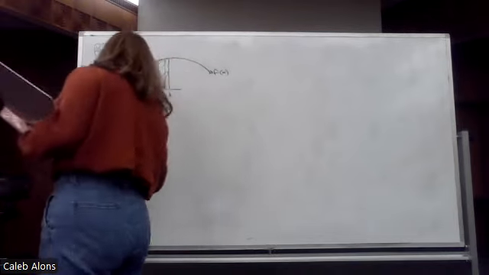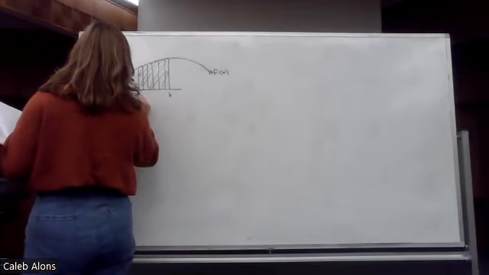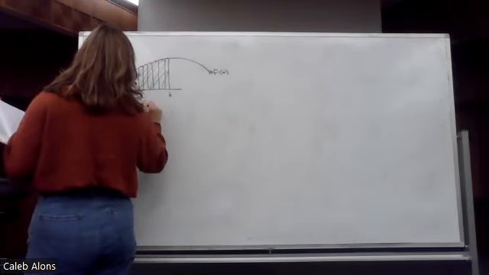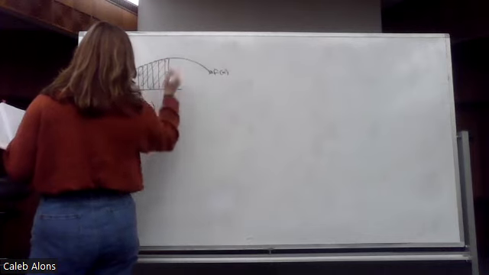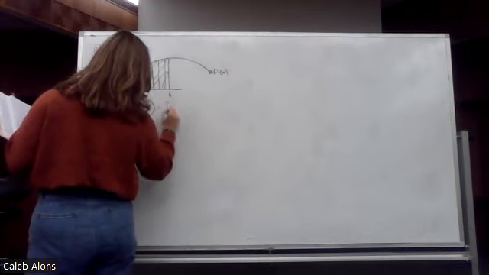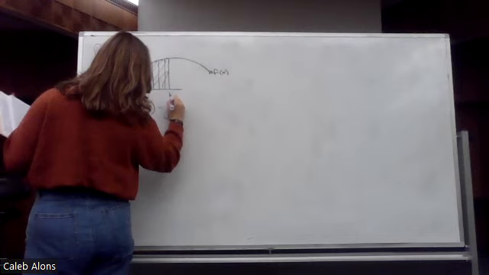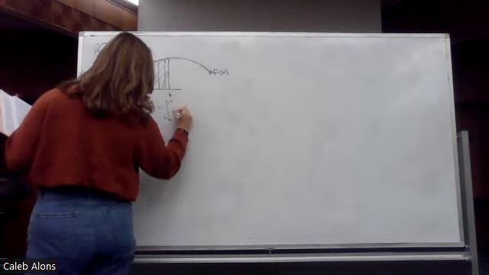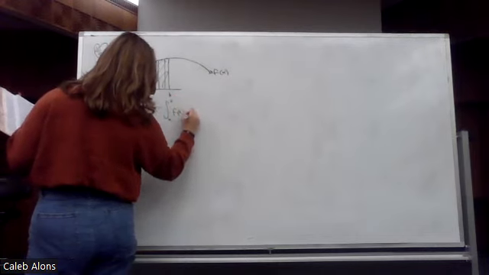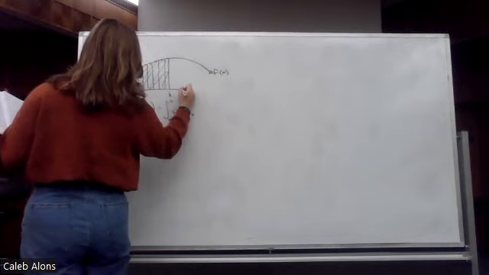That's how we find the area. So our equation for that is: the area of the sector is equal to the integral from a to b of f of x with respect to x.